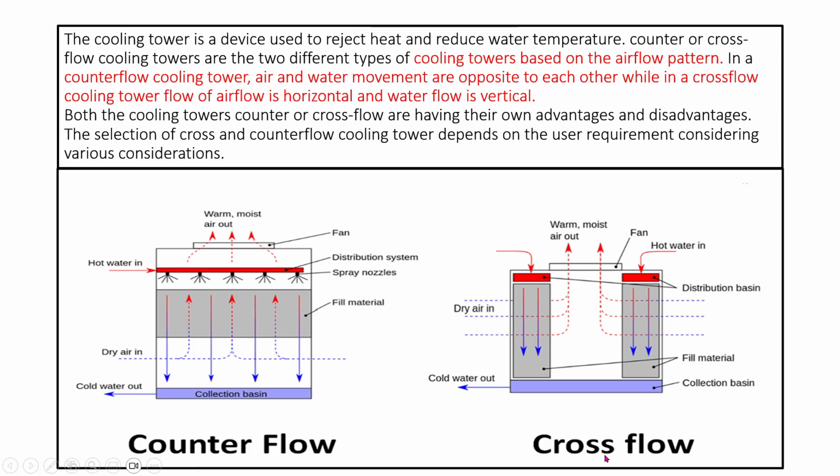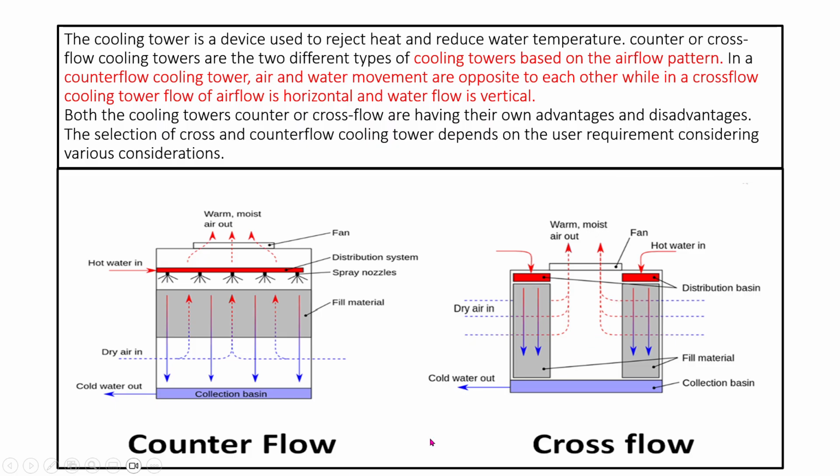If you see the drawing again, water comes to the basin, there are holes and nozzles, and if there is choking, it flows through gravity only, so you can clear the holes. In the counter flow, water comes through the pipe, and the pipe has nozzles, so it comes down under force.